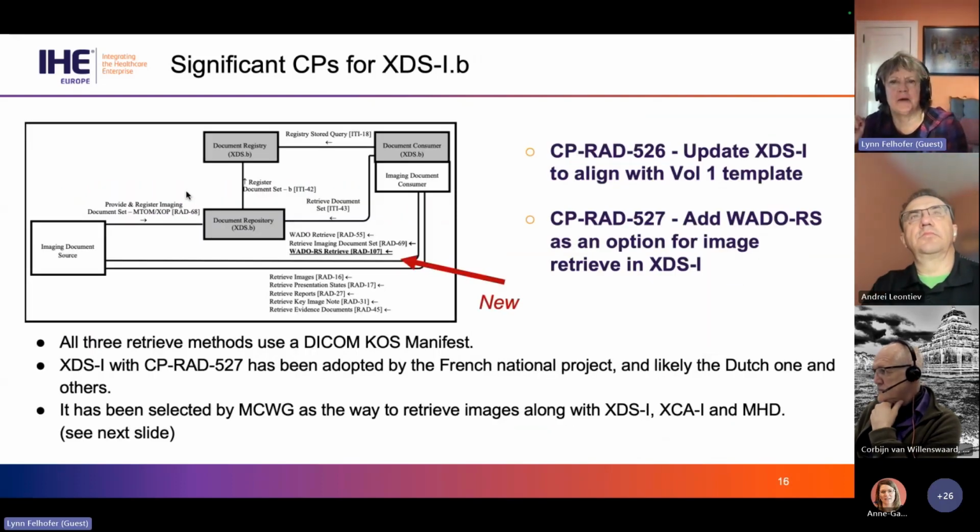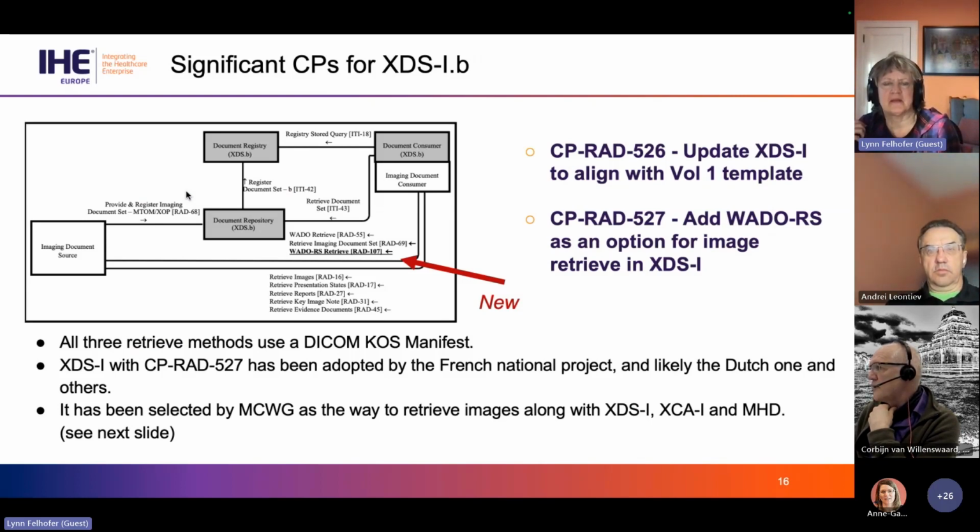This is the XDS-I, the cross-enterprise document sharing for imaging CP that Andrei mentioned before. And when the consumer retrieves the images that it wants from the imaging document source, prior to this, it could choose the traditional DIMSE retrieve, and now it has the option to do that RESTful retrieve.